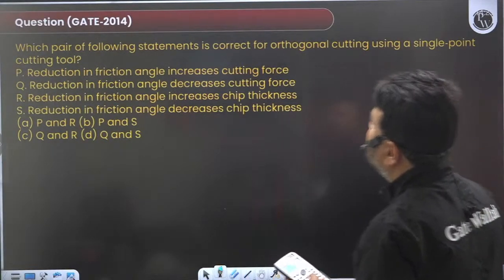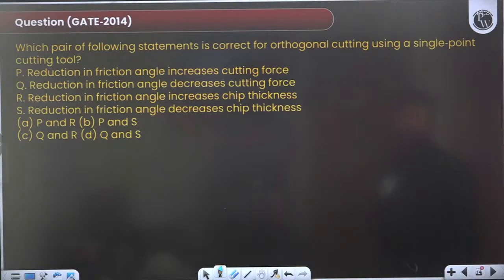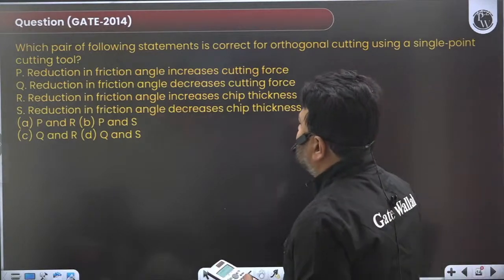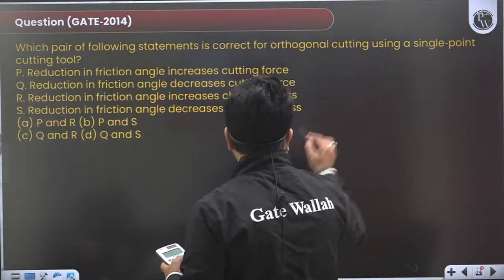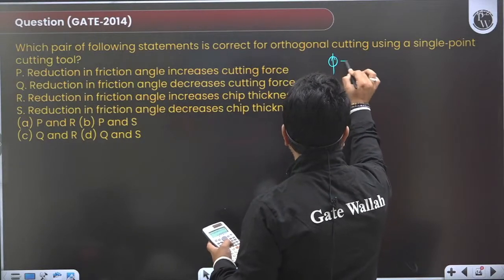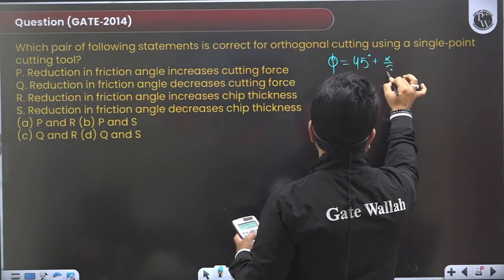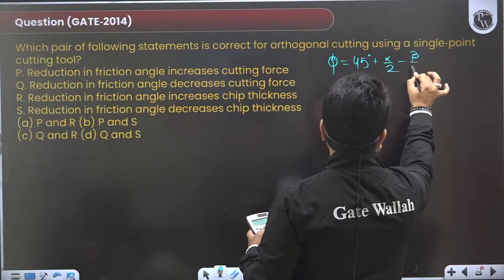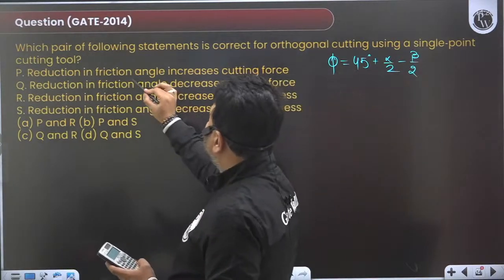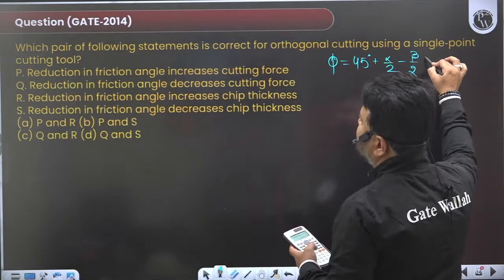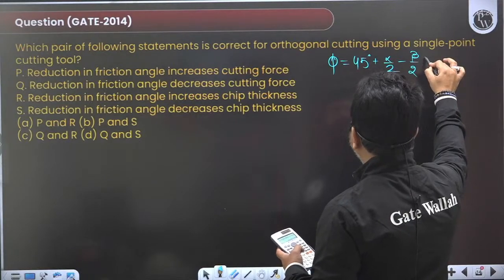Now, which pair of the following statements is correct for orthogonal cutting using a single point cutting tool? So here we need to apply Merchant analysis, right? Reduction in friction angle. If you reduce the friction angle, then cutting force increases?